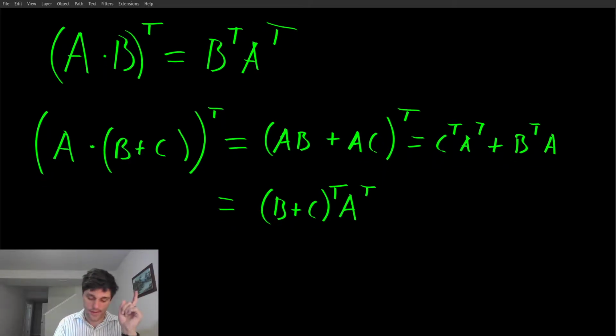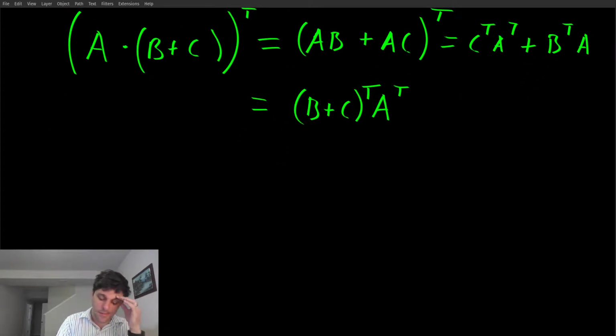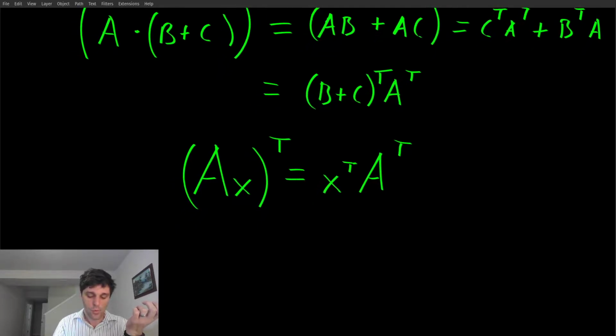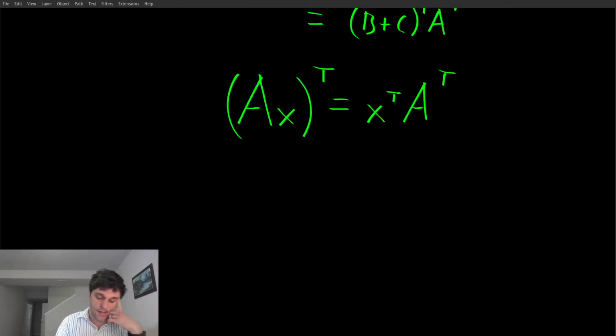Oh, and one other thing. I keep thinking of one more thing I want to show, but you know, the matrix vector product. If you have AX transpose, where X is a vector, it distributes in the exact same way. So you end up with something like X transpose A transpose, right? Which means, let's say you're doing the inner product.